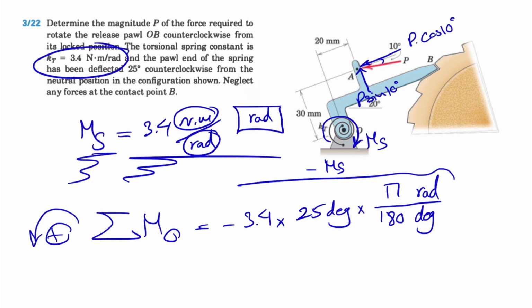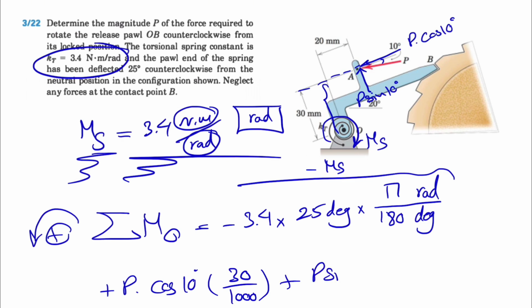And we have the moment of the P cosine of 10 degrees, which as we can see is a counterclockwise moment. So plus P times cosine of 10 degrees, and the distance is from here to here, 30 millimeters, or 30 divided by 1000 to get it in meters. That's it for the cosine.